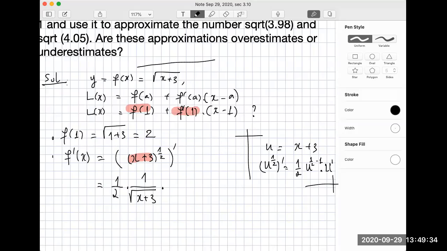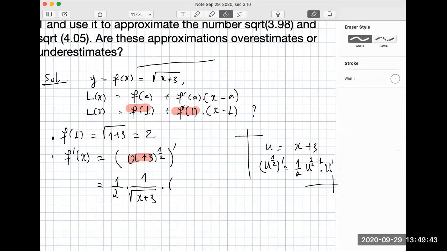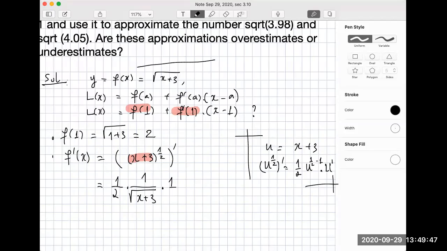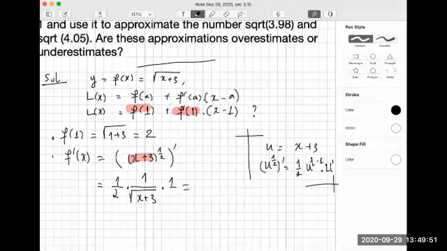Then u prime, which is x plus 3 prime, gives us what? 1. Yes, very good. So just do it slowly. Then finally, the general form of this will be 1 over 2 square root of x plus 3, right?